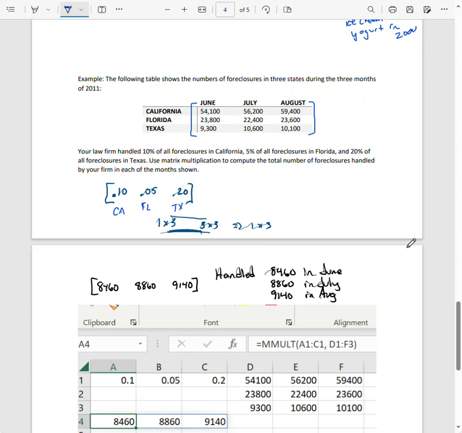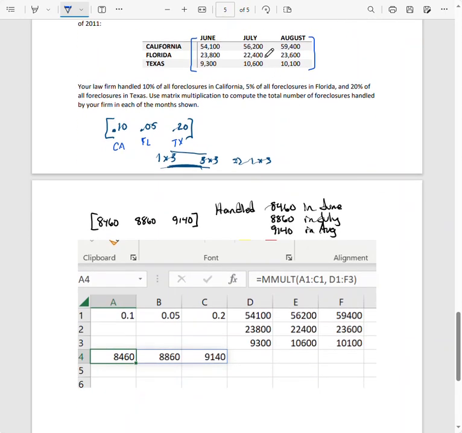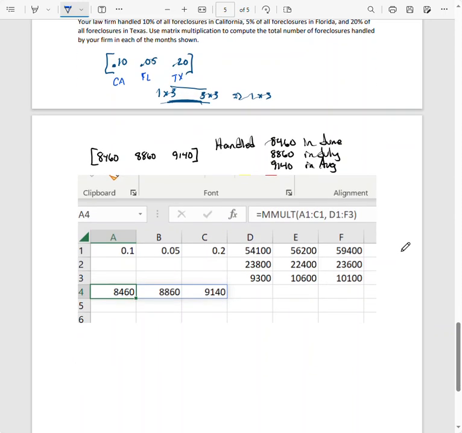Now, I could do this by hand, but I'm looking at those numbers and decimals, and I don't want to. So here's how I typed it into Excel. I let Excel do it for me. I'm not even using some fancy online calculator. I'm using something that you all have access to because you're UTEP students, or as students of whatever school, you probably have Office 365.